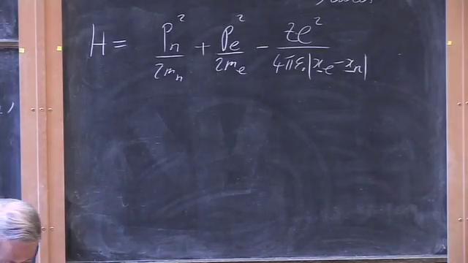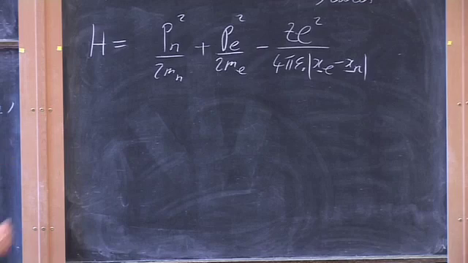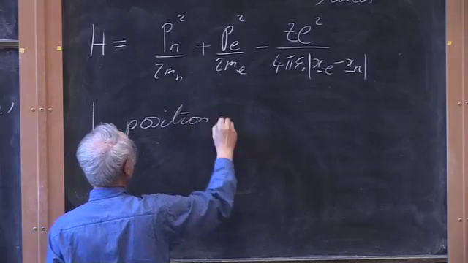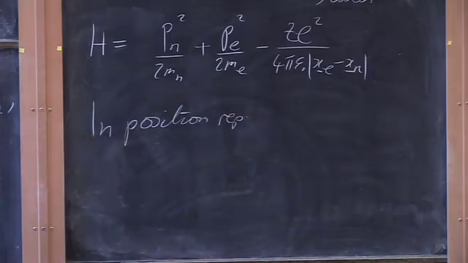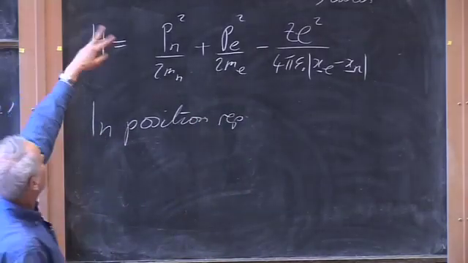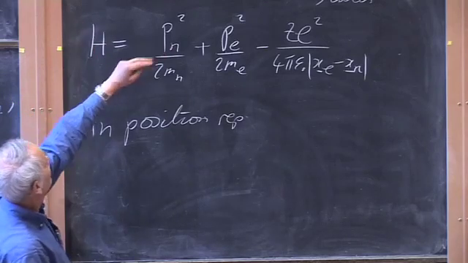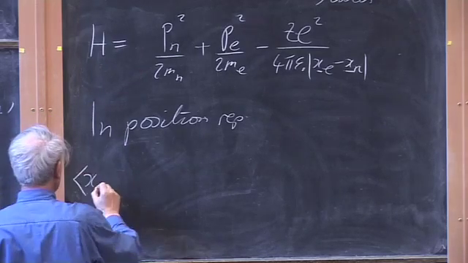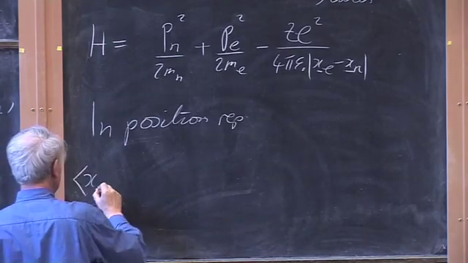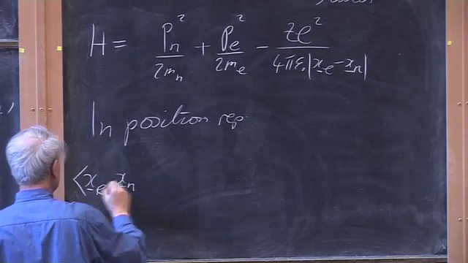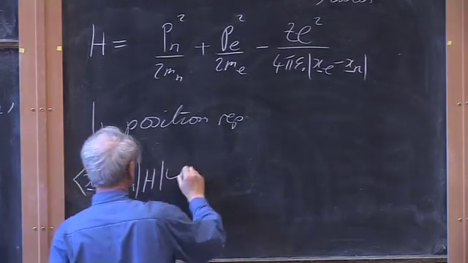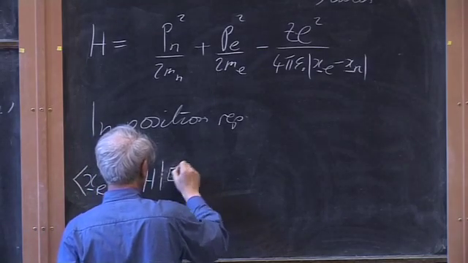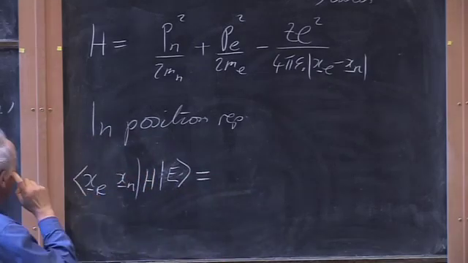Right, so we want to know what this looks like in the position representation. We want to examine that equation concretely, and the way to go is to put this into the position representation. That's to say we bra through by x_e, x_n.